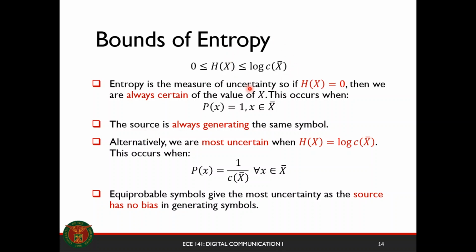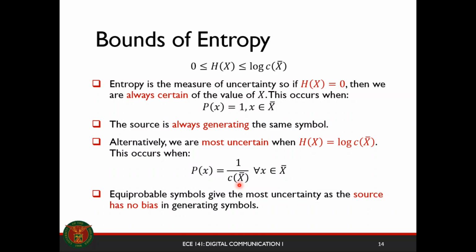But where did this upper bound come from? We are most uncertain when h of x is equal to the logarithm of the cardinality of x. And this occurs when the probabilities of your outputs are equiprobable. Basically, all your data is equiprobable. So you get the most uncertainty when the data set is equiprobable. Kind of like when you're rolling a die. You don't know what will come out, right?